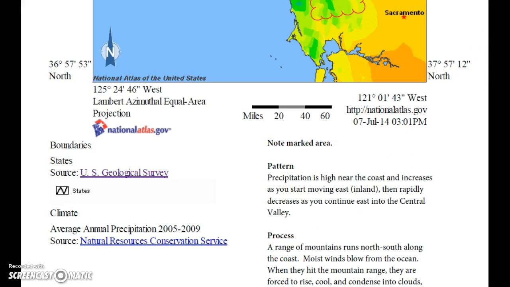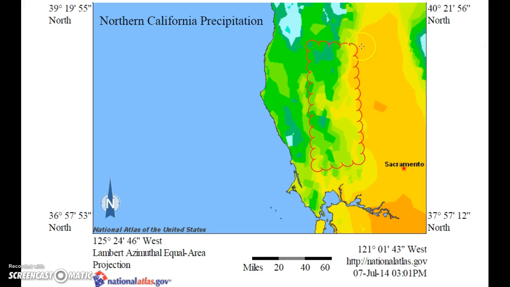Here, even though we don't see it, there's a coastal mountain range that runs north to south, and the winds, this will be part of your explanation, flow from west to east. The westerlies, which are the winds we have at our latitude, flow from west to east.